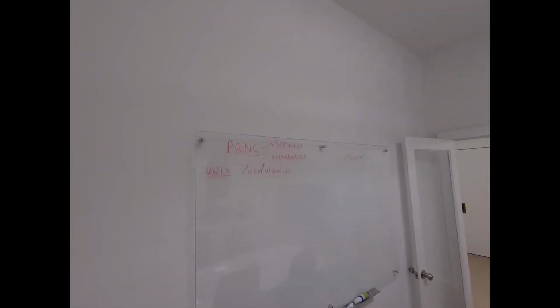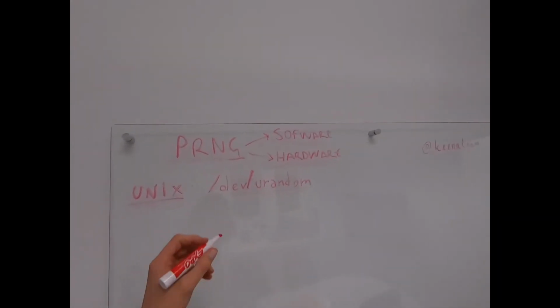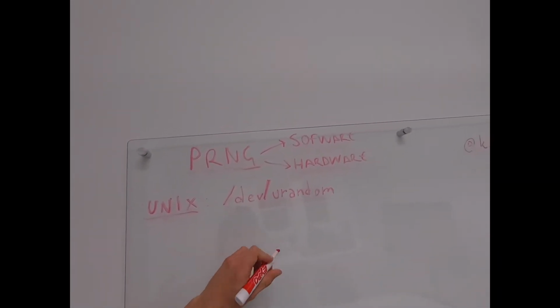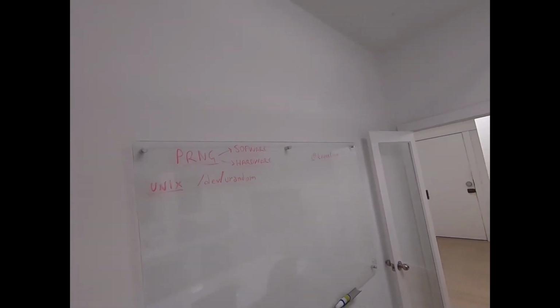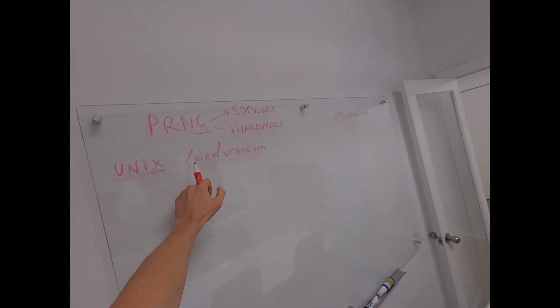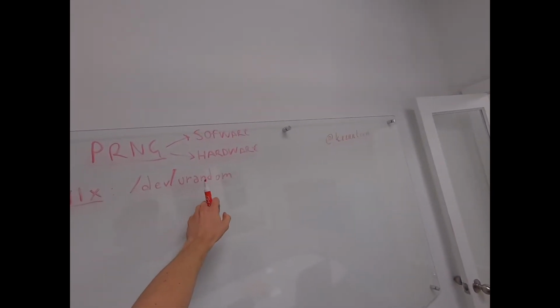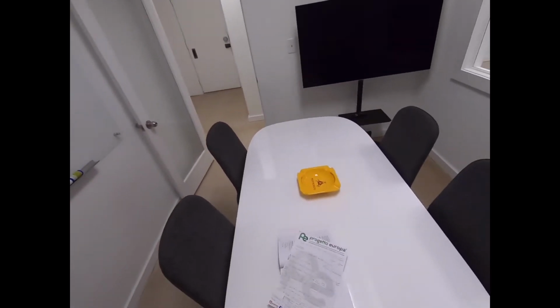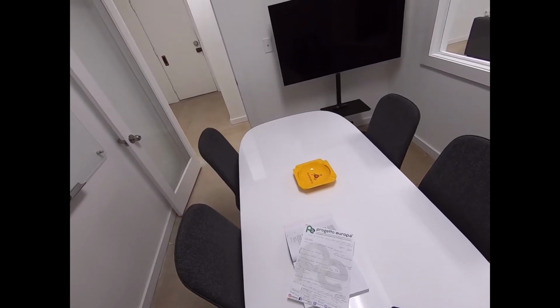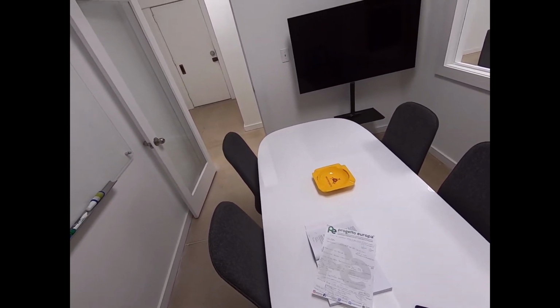So we can say, read the file at the path /dev/urandom and get me 10 megabytes, and what I get back is 10 megabytes of random bits, random bytes. That's how it works in Unix.